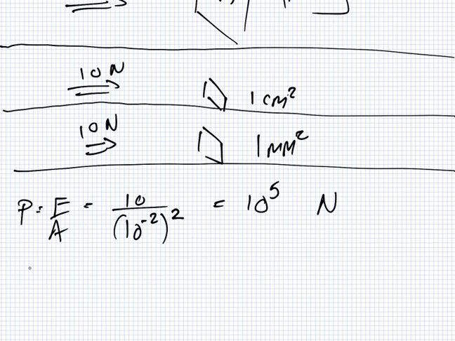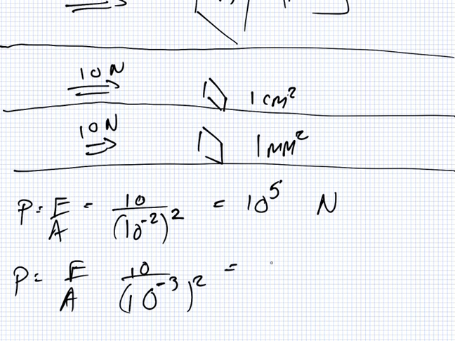And then the next one is pressure is force over area, which is 10 over 10 to the minus 3 squared, so that's 10 to the 7 newtons. Sorry, not newtons, pascals, or newtons per meter squared.